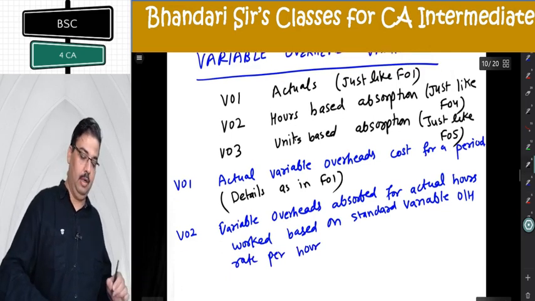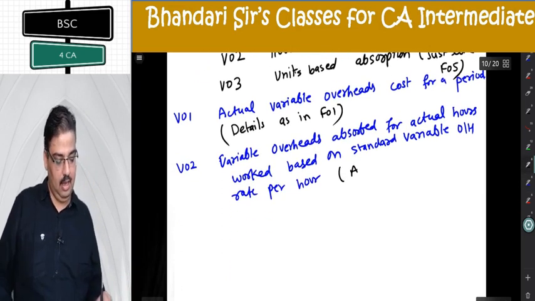So how do you compute it? Just like in FO4.